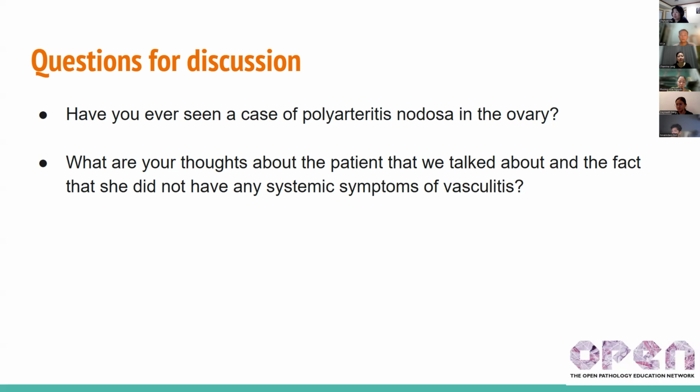First of all, was she still hospitalized when you rendered your diagnosis? Could you do some additional testing like sedimentation rate or C-reactive protein to see if she might have other blood or chemical evidence of an inflammatory reaction going on elsewhere?